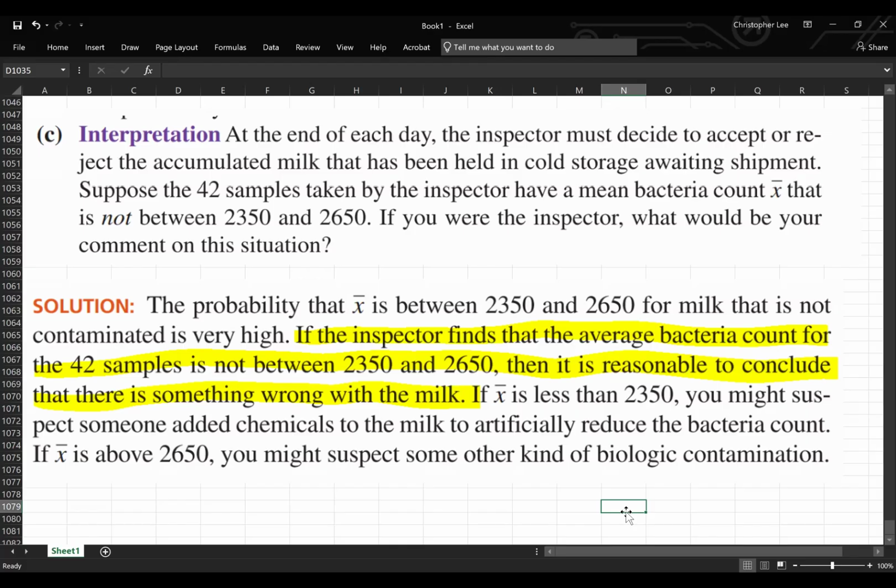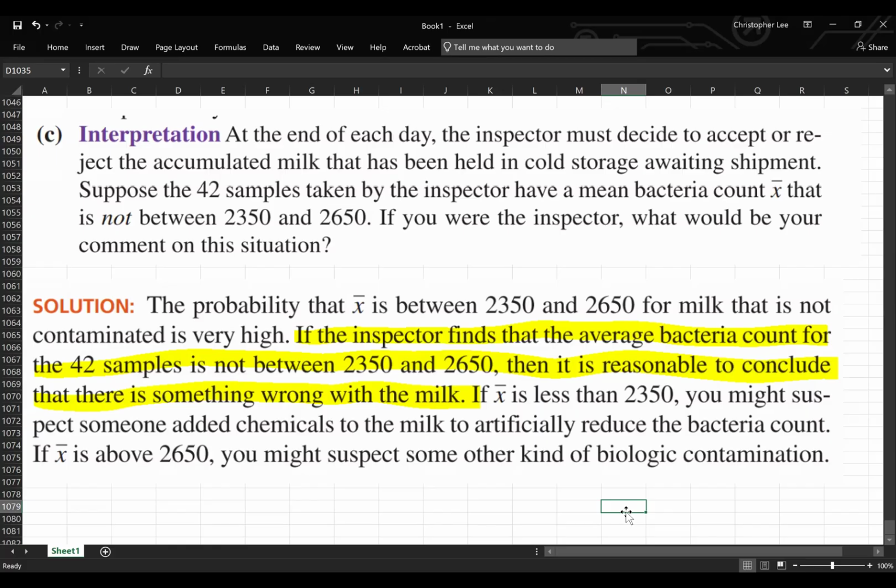So if X bar is less than 2,350, you might suspect someone added chemicals to the milk to artificially reduce the bacteria count. If X bar is above 2,650, you might suspect that there's some other kind of biological contamination, right?